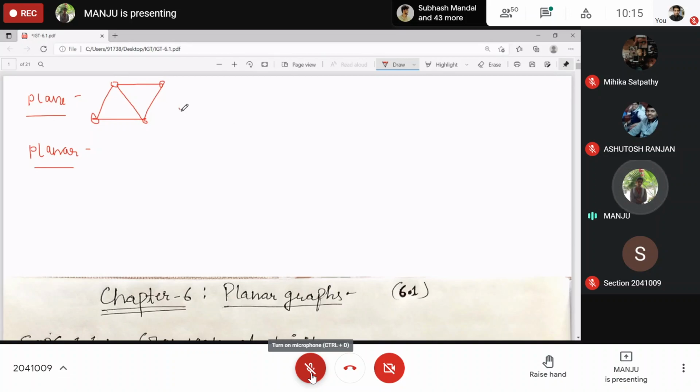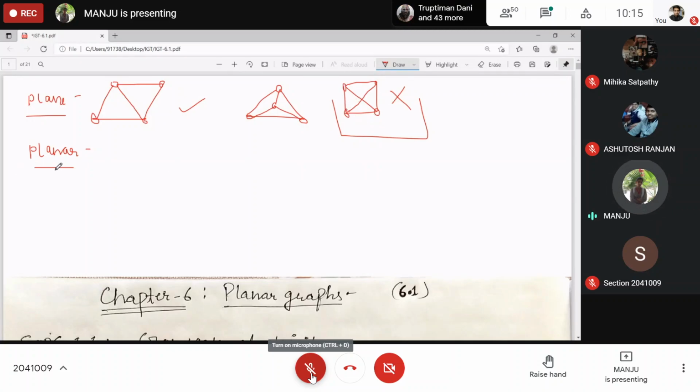This graph is plane, right? This one is also plane. What about this one? This one is not plane. Clear? Its edges are crossing. These two edges cross each other.